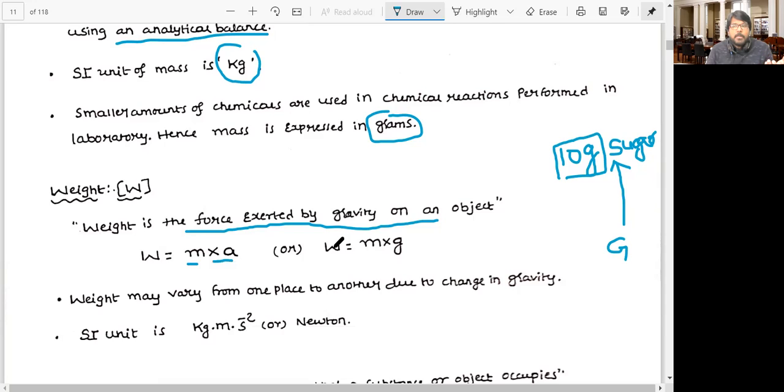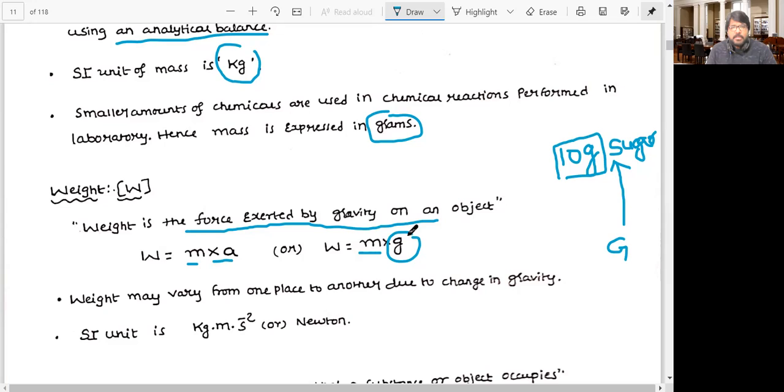So weight of the object is equal to mass of the object into g. Of course, you know, g, gravitational acceleration, is not a constant. Already told you, m is constant. That means weight of the object changes with gravity. So from here, I just wanted to note one point: weight of the object is directly proportional to gravitational acceleration because mass is constant.